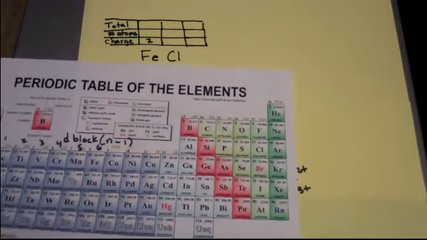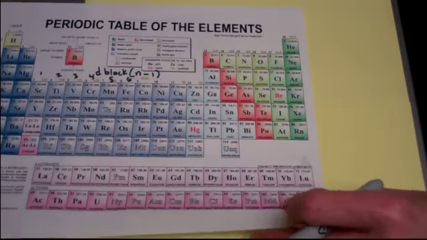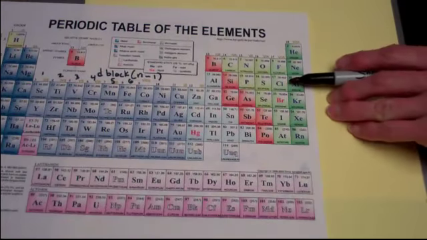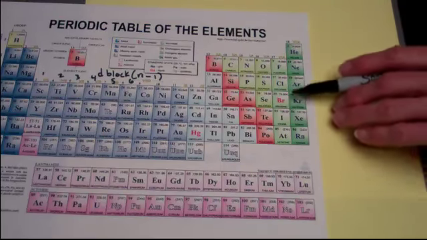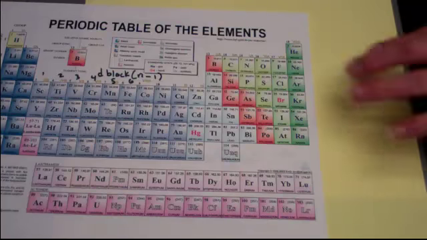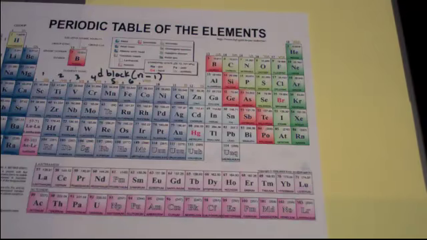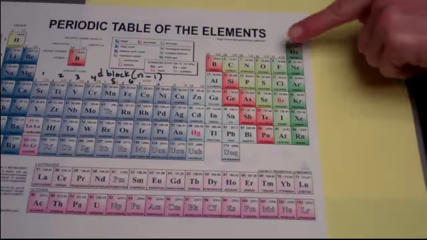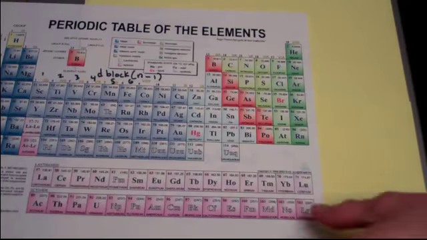And then we can look on our periodic table for chlorine. We know chlorine is over here, and that it's in group 7, so that means how many electrons is it going to need to complete its valence shell? Hopefully you said 1, so it only needs 1 electron, so it can only gain 1 electron.